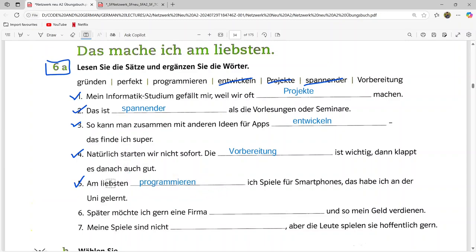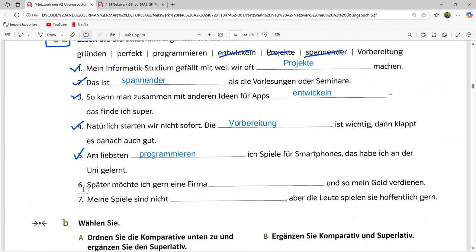So what I love most is to make programs for games for smartphones, and that I have learned at the university. So am liebsten programmiere ich Spiele für Smartphones.